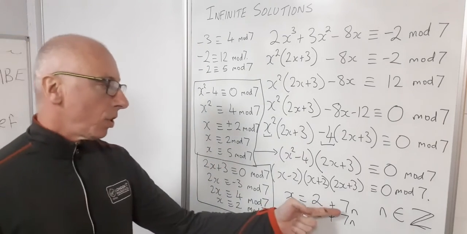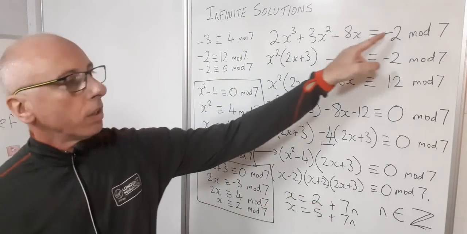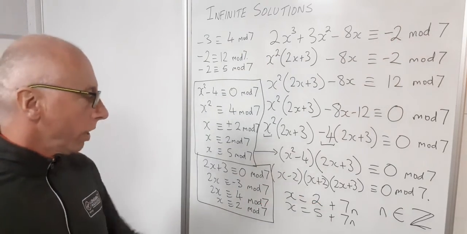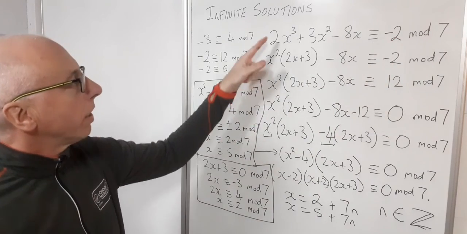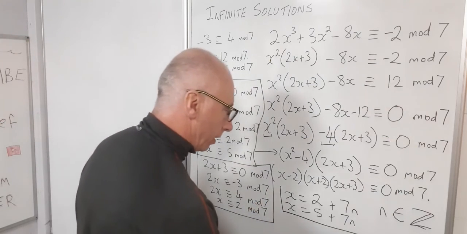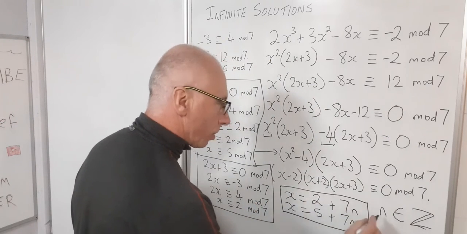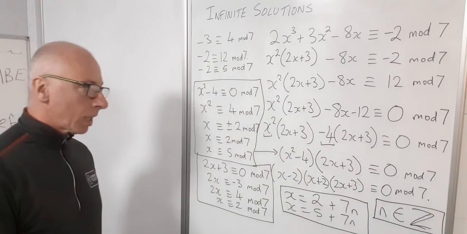So here I could have 2, 9, 16, 23. This cubic congruence will work. And here I could have 5, 12, 19, 26 and so on. And this congruence is still going to work. So that is my infinite solutions with n being an integer. Okay.